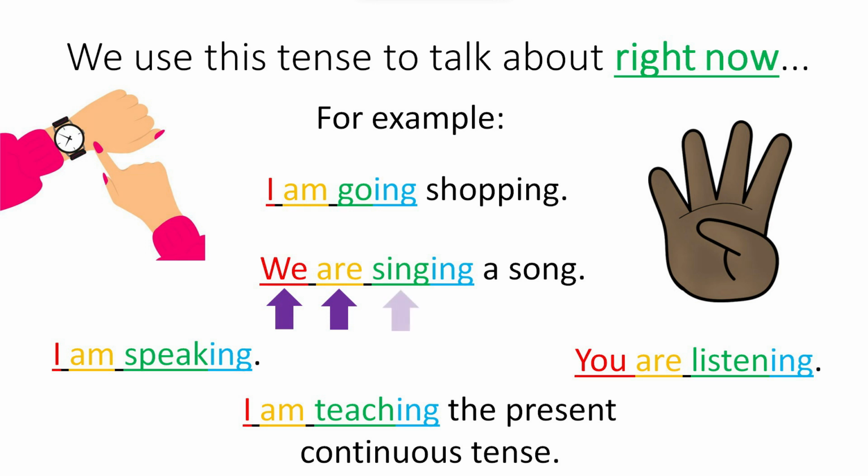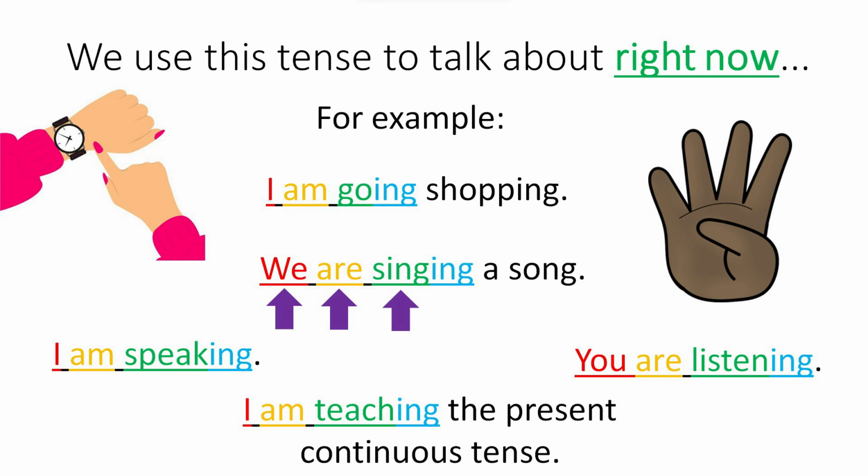Then we need a root verb, which is in green, like sing, go, listen, speak, or teach. So this word is the action or movement in a sentence, and we shouldn't have anything extra on the end of the verb, like s or ed.